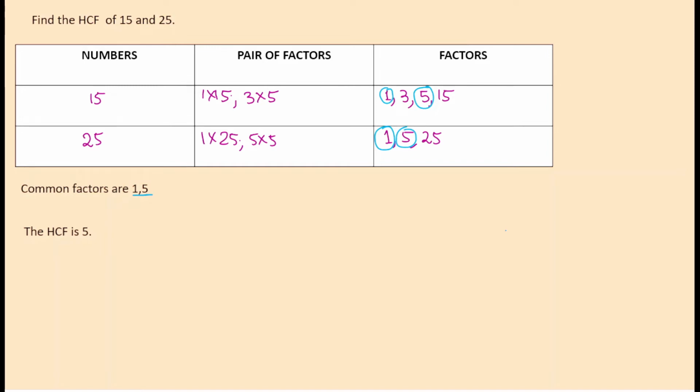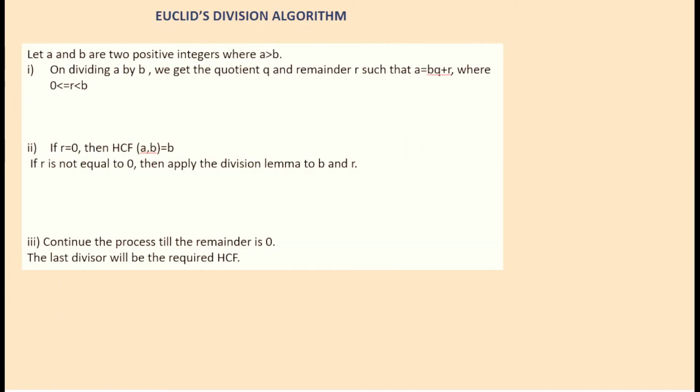Now you will find the HCF of two numbers by using Euclid's division algorithm. As already told, an algorithm consists of a series of steps that helps you find a solution to the problem.